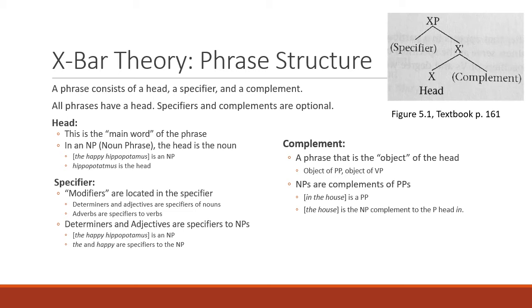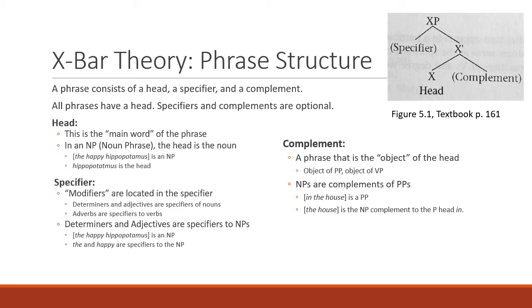So there's a head, a specifier, and a complement, and the head is the noun in a noun phrase. The specifier is a modifier of some sort that goes with the X. Determiners and adjectives are specifiers of nouns, and adverbs are specifiers of verbs.